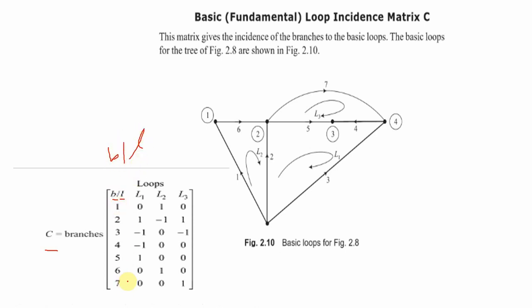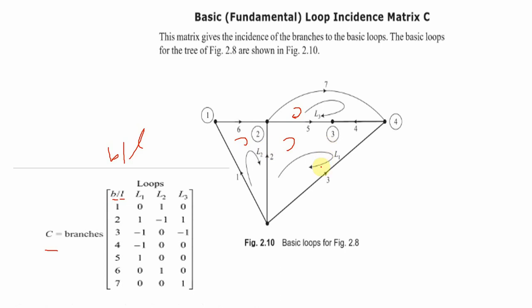These are the total 7 branches, and that is written vertically. And how many loops are formed? This is loop 1, loop 2 and loop 3. And always consider the direction in a clockwise manner, right? So it is easy to write down.